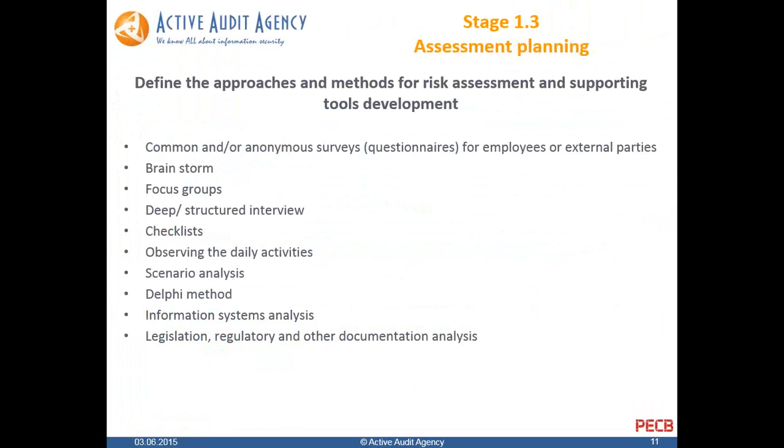And on the final step of the first stage, you should develop an assessment plan. You should define the necessary sources of information and select approaches and tools that will be used on the next stage, risk detection and analysis. The methods that could be used to obtain information from internal and external sources may be different.